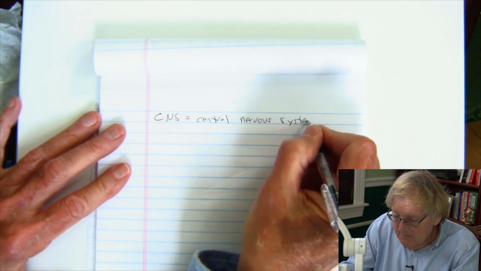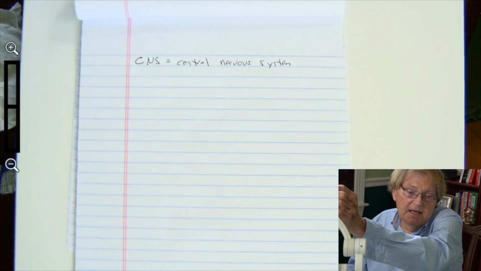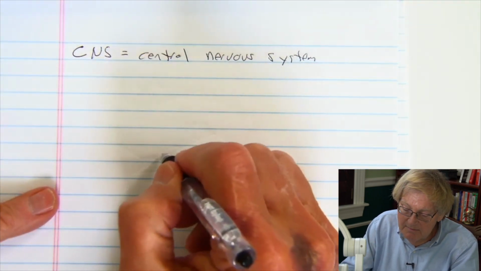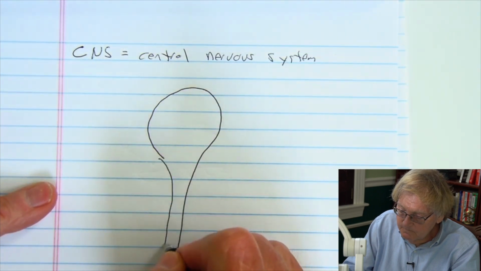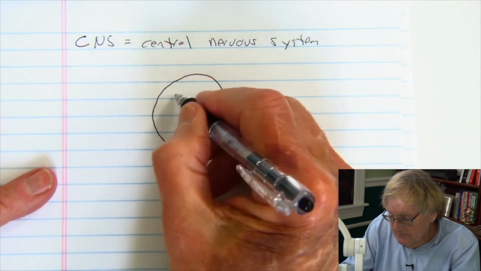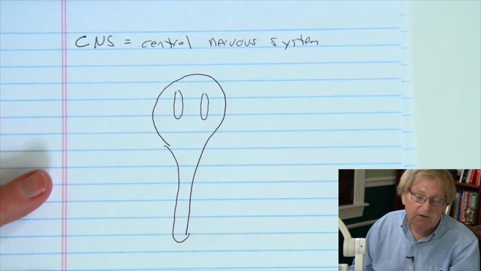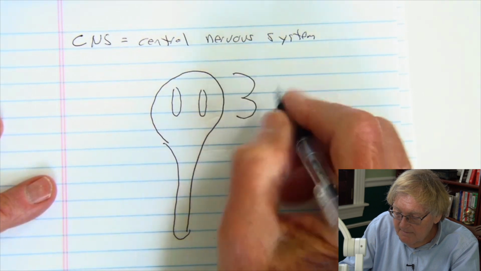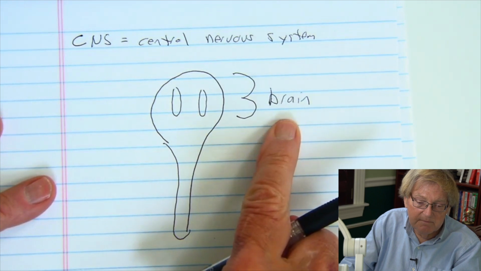And whether you were taking a board exam or some type of review exam in any type of health science, you're always going to see a picture or a diagram that really looks like this. And therefore, what that is telling me is I'm really looking, and I'm just going to draw a couple little structures in here so you can get the big picture, as I call it. You're really looking at this up here, which is the brain. So the brain is in the central nervous system.